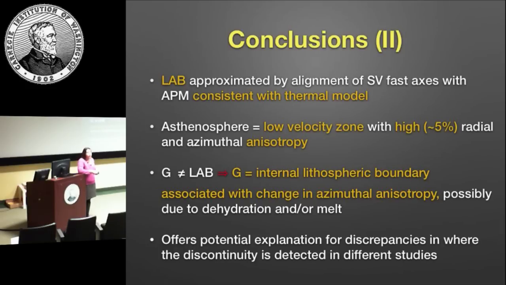So it's been seen in several models that the seismic anisotropy in the lithosphere follows the paleo-spreading direction up to old ages. And so we assume they're related, but correlation doesn't mean that it's actually linked.